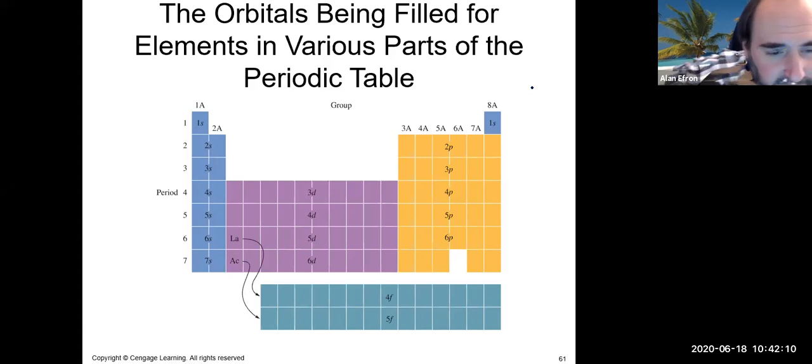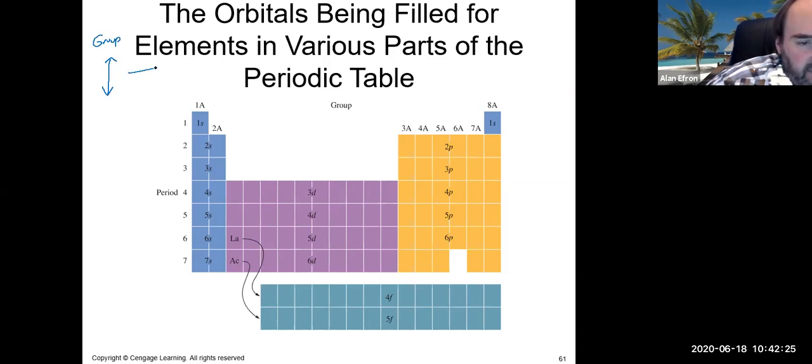So first off, when we look at a periodic table, a group runs up and down. So up and down is a group. As you go left to right across the periodic table, that is a period.